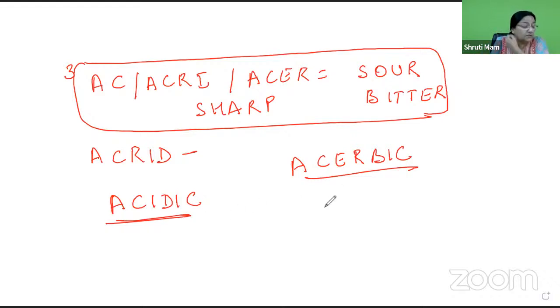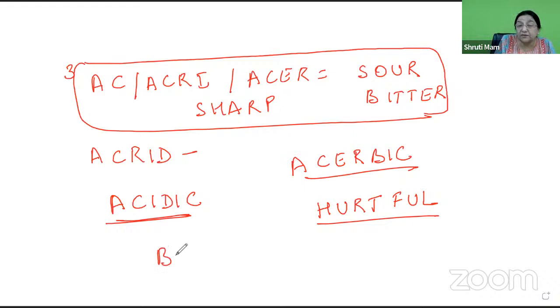Another word for this is hurtful, because it has an intention to hurt somebody, because it's so sharp. Another word for this is a biting comment, a biting remark.